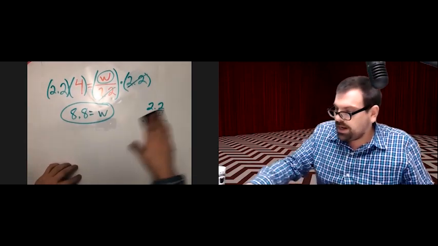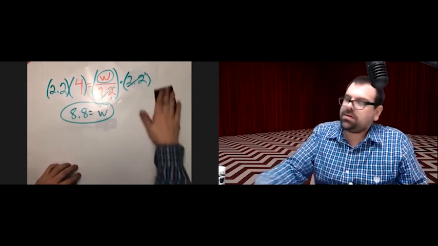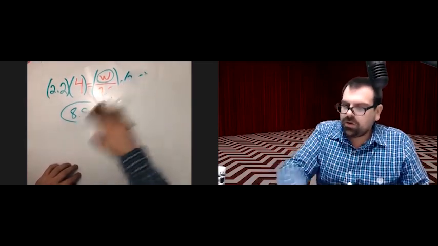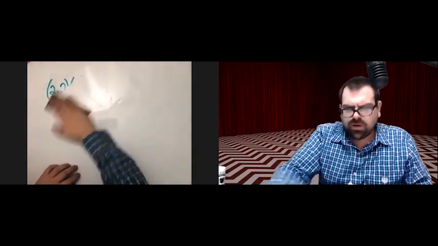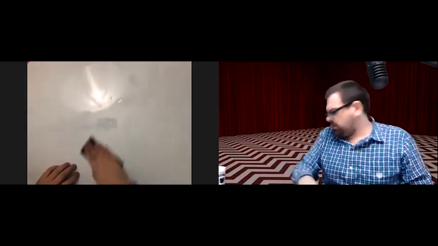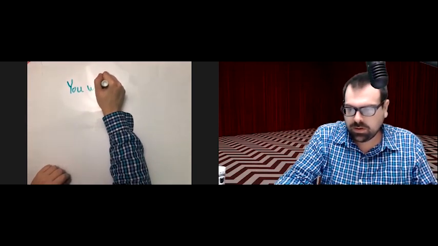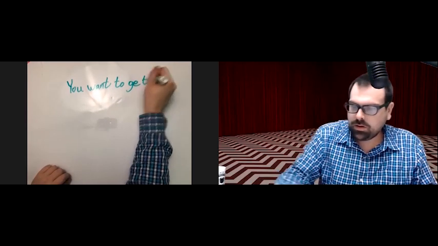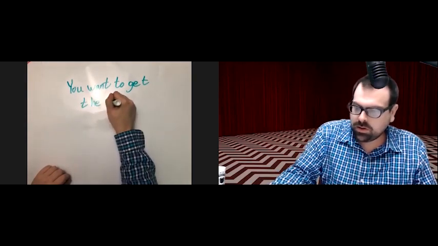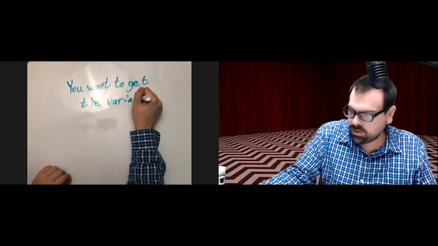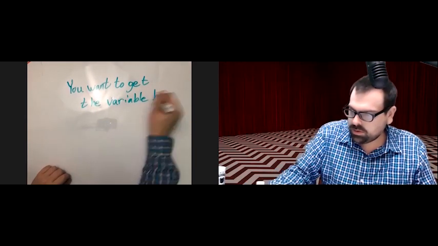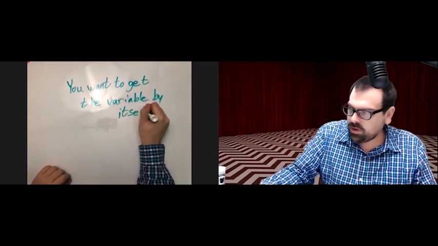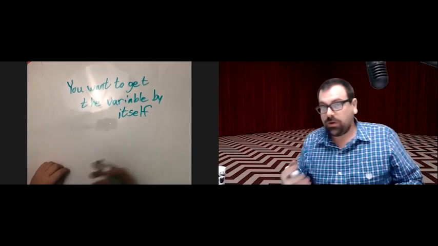So a question you might have at this point: how do I know when to add, when to subtract, when to multiply, when to divide? They're all the same. They look different, but they're all the same.